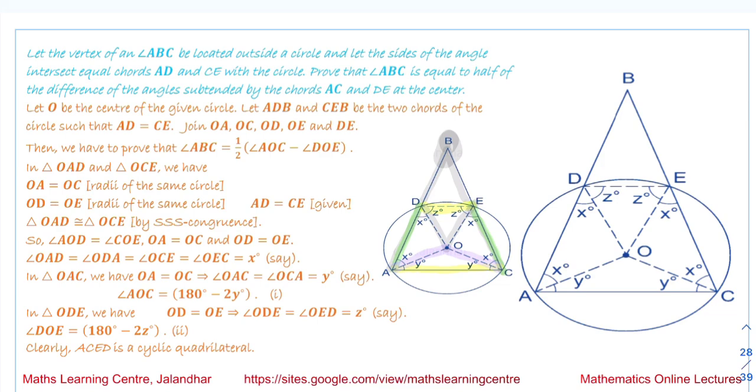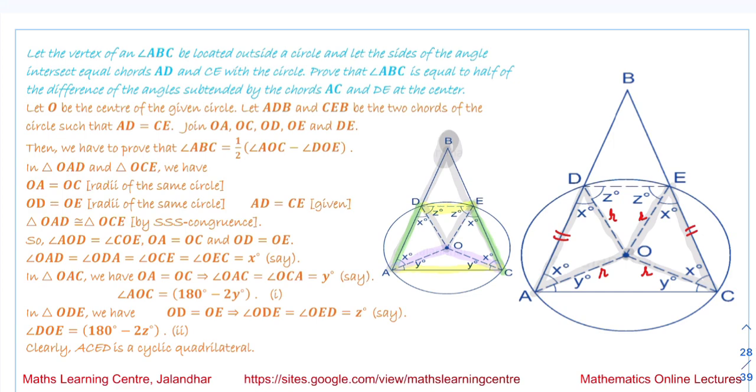To prove this, we start by considering two triangles. One is triangle OAD, and second we are considering the triangle OCE. In these two triangles, these are the radii, and these two sides, the chords AD and CE, are given to be equal to each other.